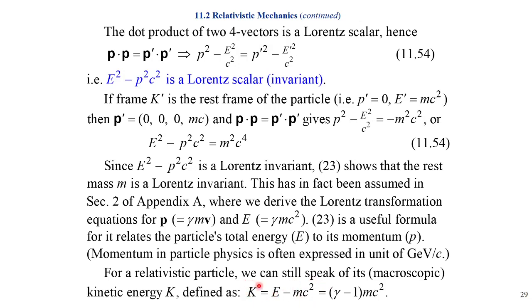So the extra energy is kinetic energy: gamma minus 1 times mc squared, where gamma is 1 over the square root of 1 minus v squared over c squared. When the velocity is small, this equals one half mv squared. That's the classical definition of kinetic energy.